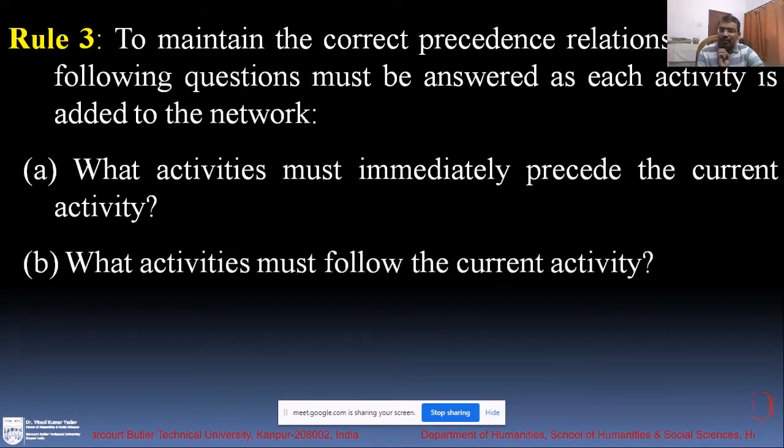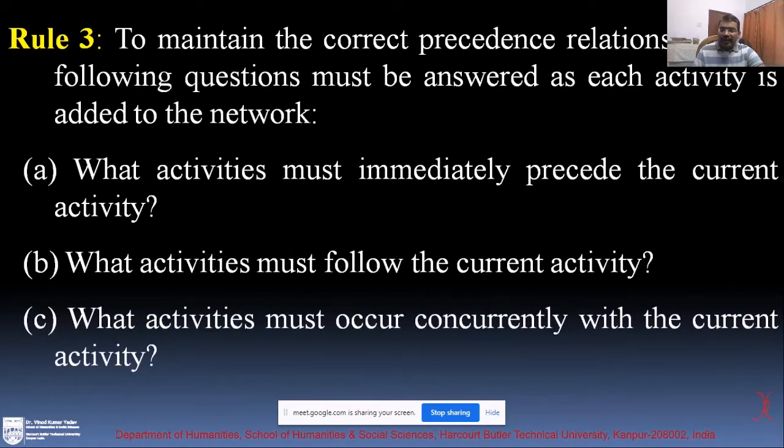Another question, what activity must follow the concurrent activity? That means whether B is following A or not. B is independent or not independent. B is having a starting node same as the end node of any particular activity or not.